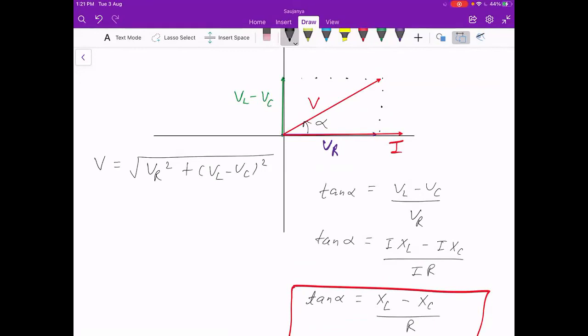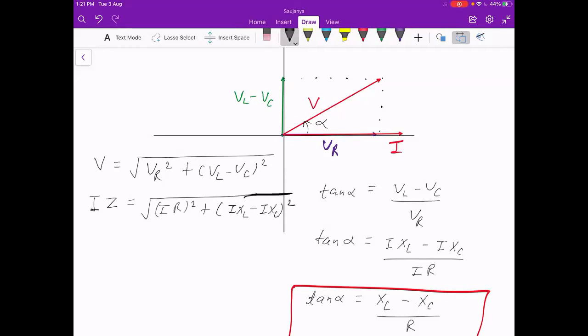So V I can write as, this is the main new thing, IZ. I'll explain what Z is. And then VR is simply IR, VL is simply I XL, and VC is simply I XC.